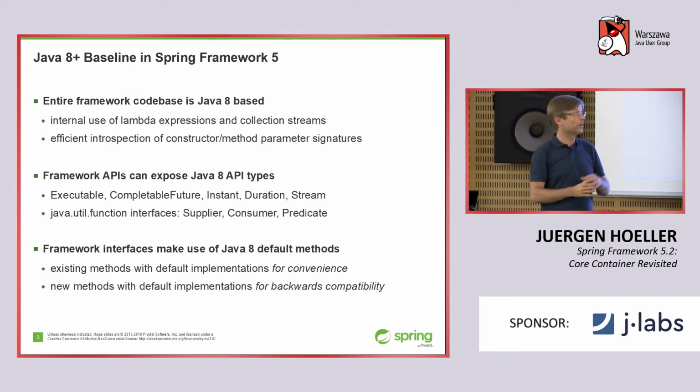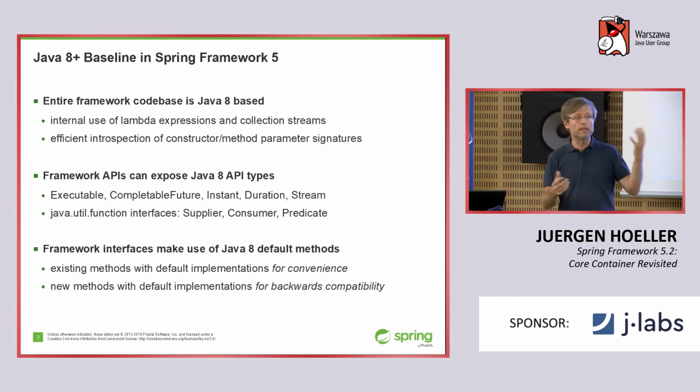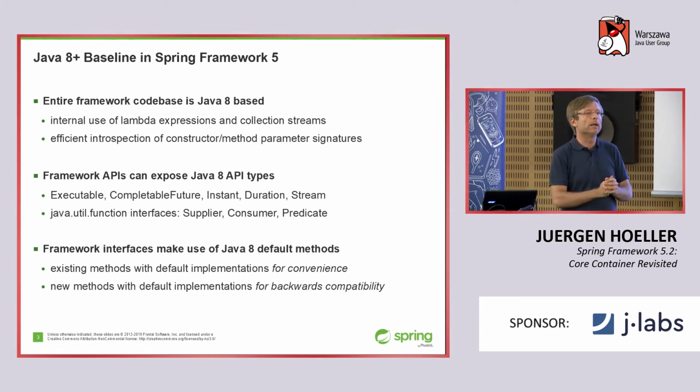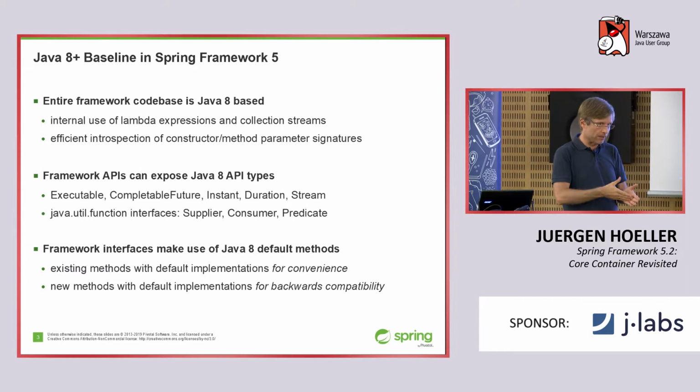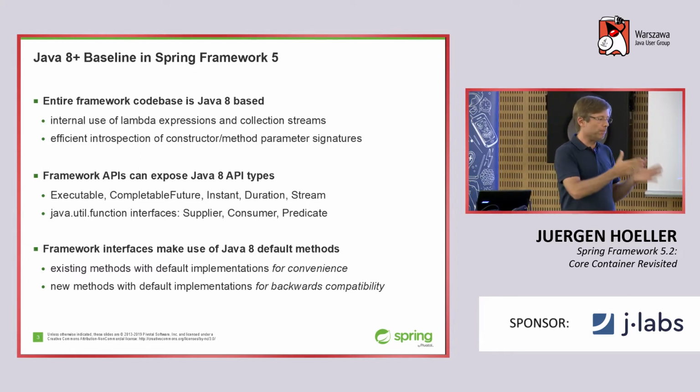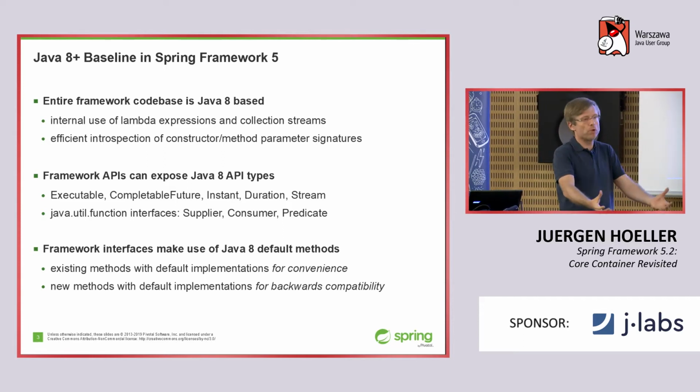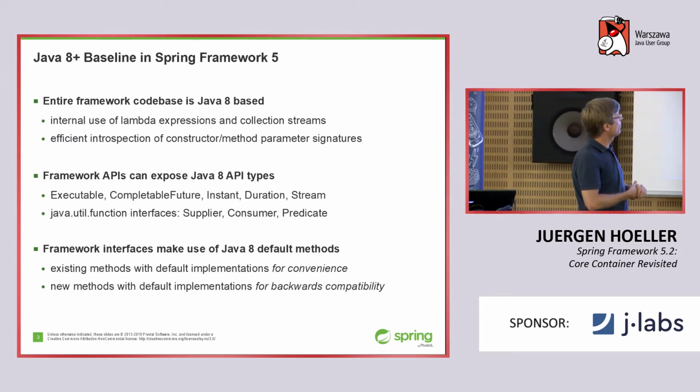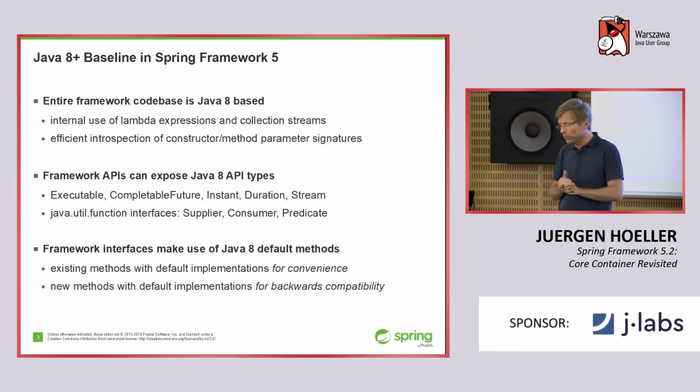CompletableFuture, the Java time types, Instant, Duration, LocalDateTime. To have hard references to those types in APIs of ours at the core framework level really means that we're requiring Java 8. We're bringing in Java 8 for every user. And so as of Spring Framework 5, we're able to do this.